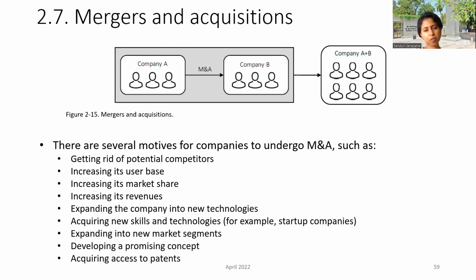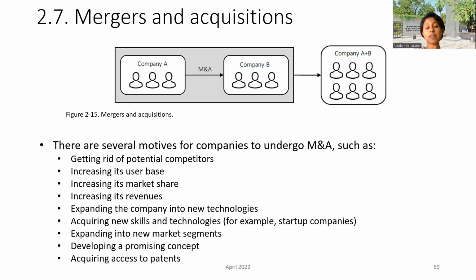When the customer base of two companies are combined together, ultimately an increased customer base can be accessed by the merged company. Then it can be with the intention of increasing the market share.